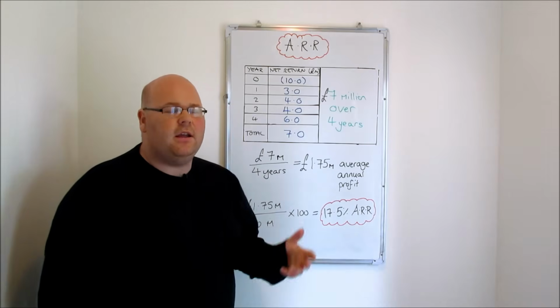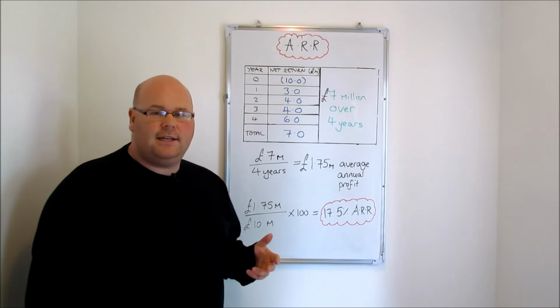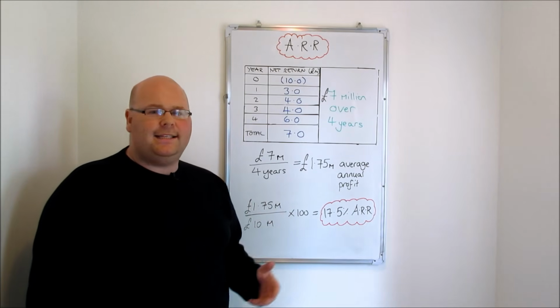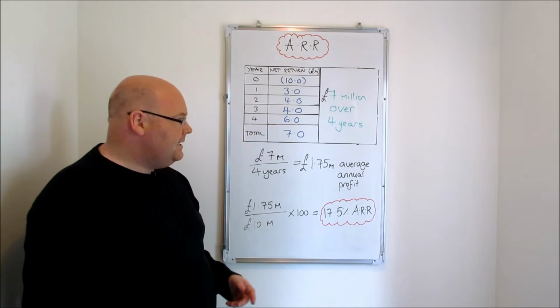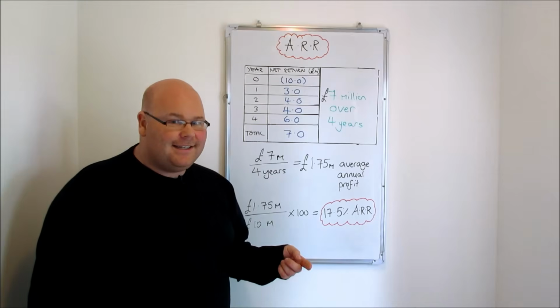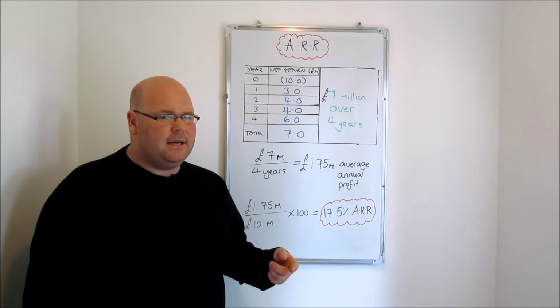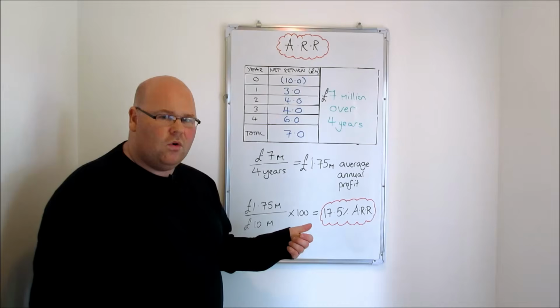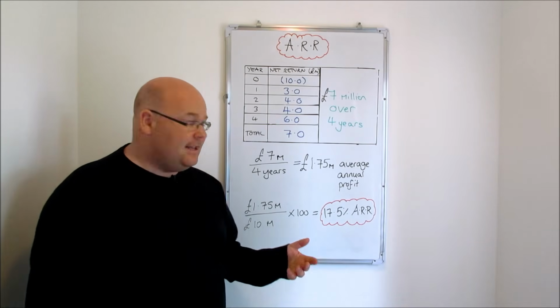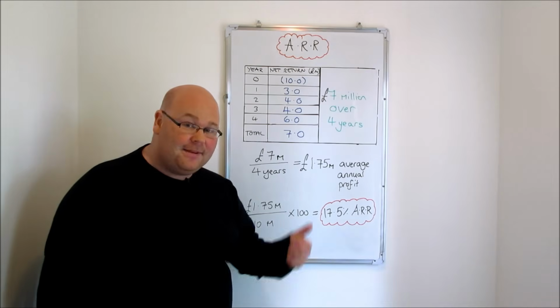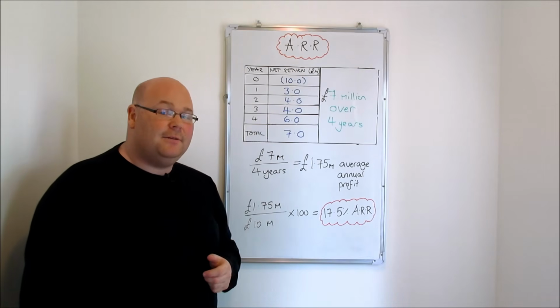Even if we put it into a really generously interested bank account, we might get, say, a 4%, 4.5% return. We can see that investing in a project is far riskier than just leaving the money in a bank account. But the reward is a much greater return. We might get 4% leaving it in the bank, 17.5% investing in whatever this project is.